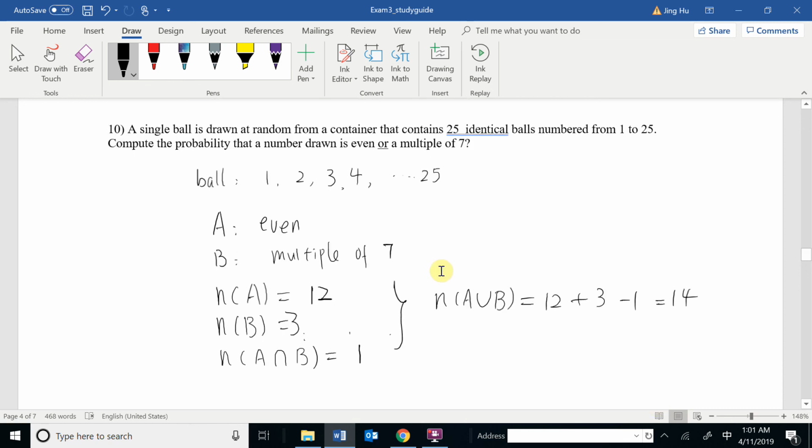The sample space has 25 balls, because you get 1 from 25 balls. So the numerator is 14. So here is 0.56. Okay, we have 5 questions left. That will be in our next video.